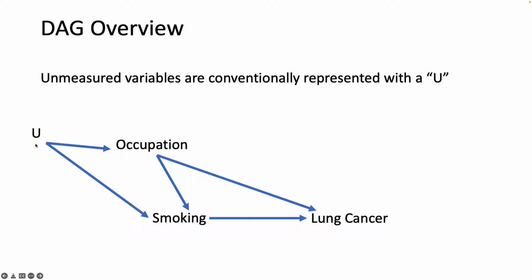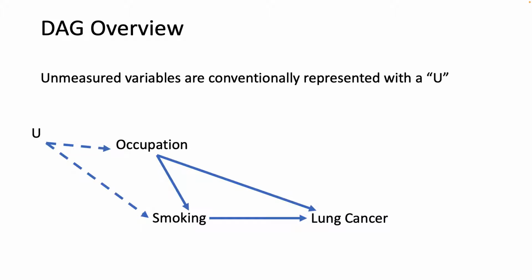Unmeasured variables you'll sometimes see just represented with a U, and this U might have a dashed line. This is really common in epidemiology, especially if you're using data that was collected for other reasons, that you're now kind of inheriting that data and using it for something other than its original purpose, or if you're using hospital data from administrative data collection.